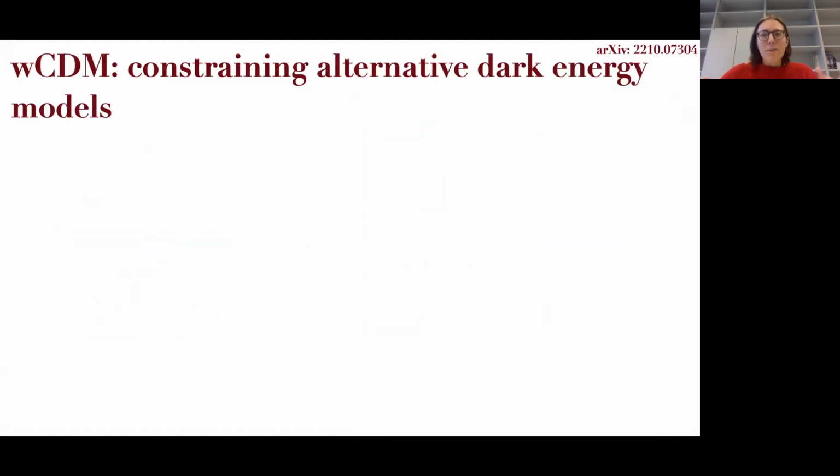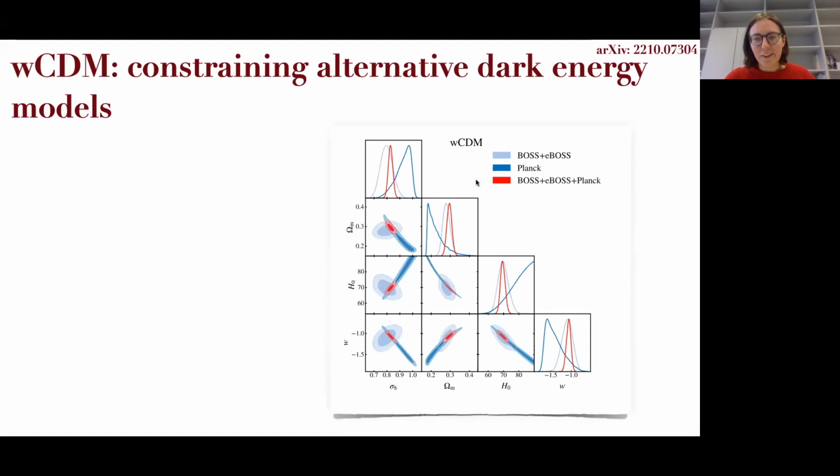Well, what we find here is that, first of all, our physical parameter space is super useful in these kinds of cases. And I will illustrate this with wCDM. So here, first, let's take a look at our usual regular parameter space. Here I'm showing BOSS and eBOSS in light blue, Planck in dark blue, and the combination of the two in red. And here we see that Planck is no longer the super constraining, amazing probe that we all know and love.